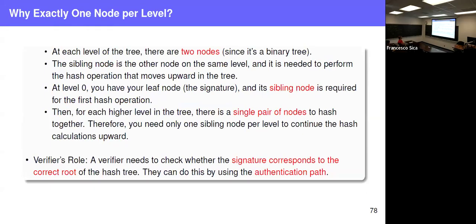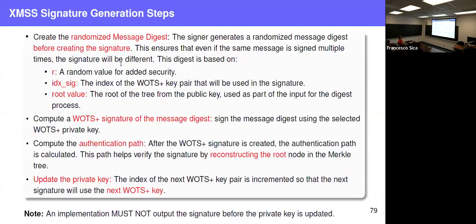What will happen inside the XMSS signature process? It creates a randomized message digest, and then generates the signature, signing it with the WOTS private key, and then computes the authentication path and updates the private key index.